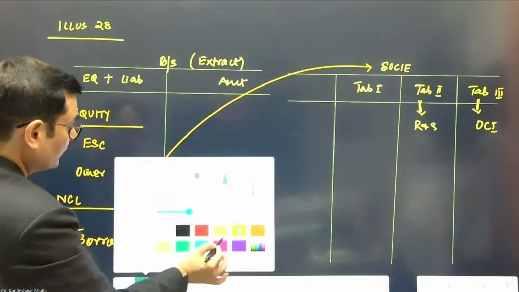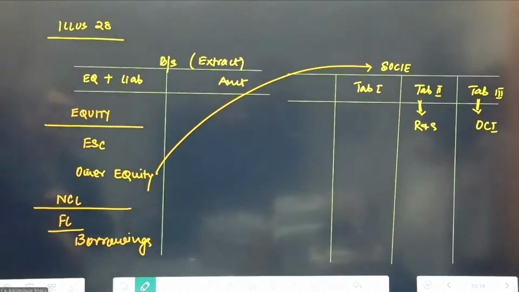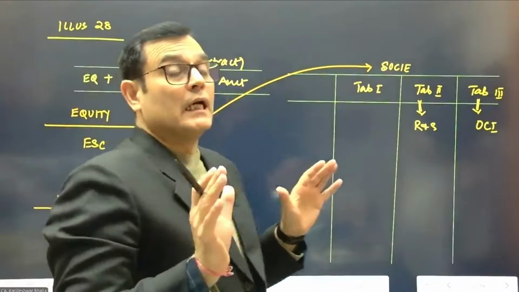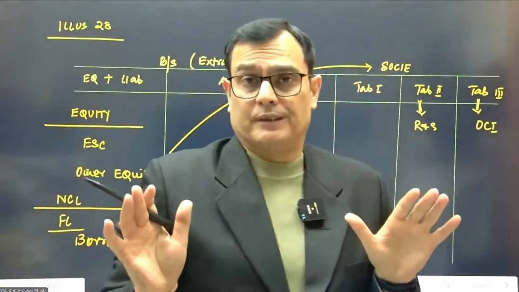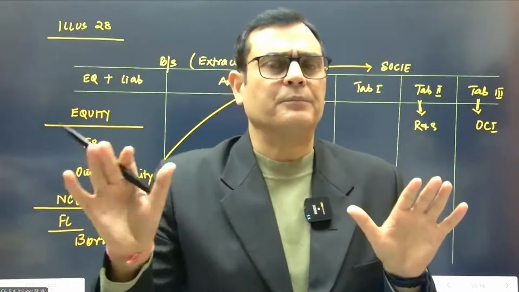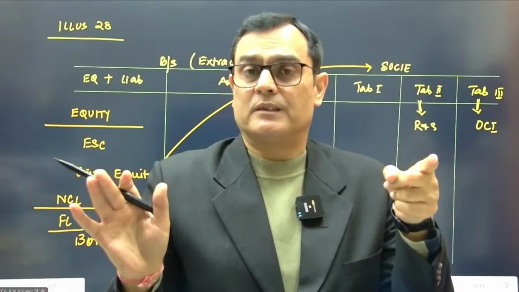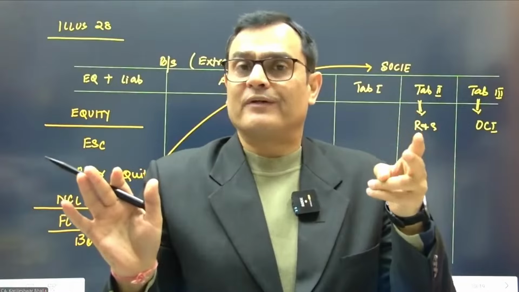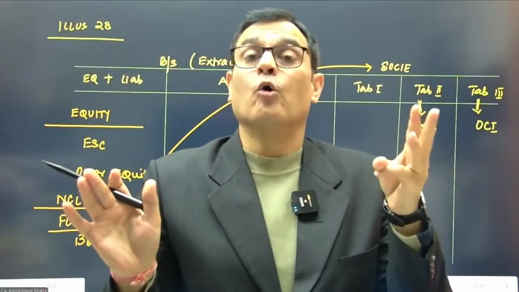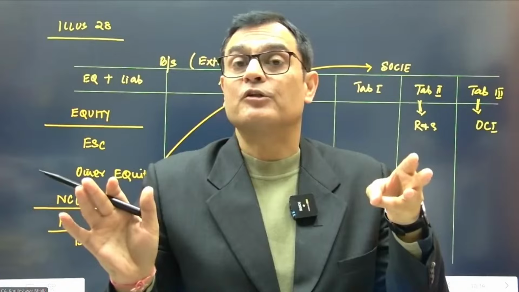Now, please hear me very, very carefully. A company issued, let's say, equity. Let's not talk of hybrid. A company issued, let's say, an equity instrument, 1, or a financial liability, 2, or a compound financial instrument, 3.